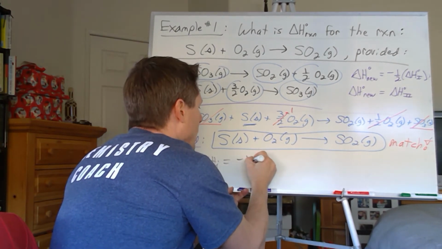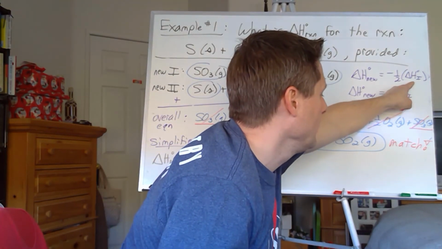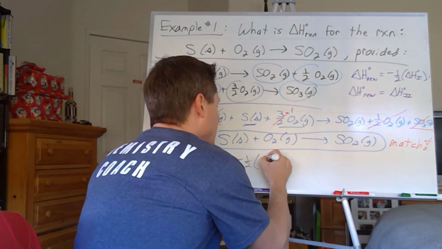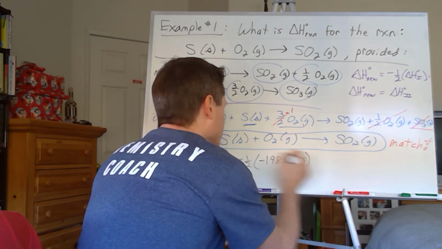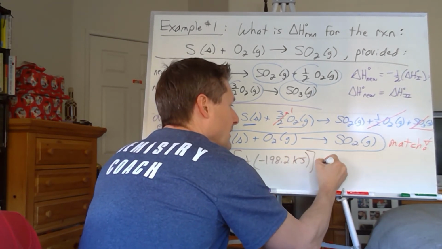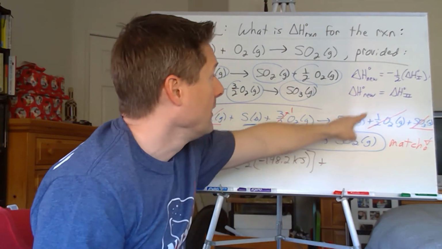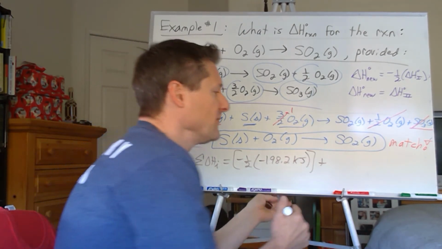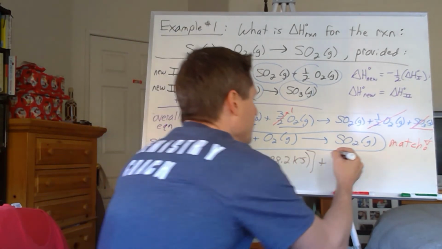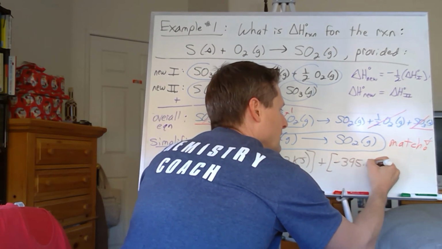Let's take -1/2 times delta H1. That was the -198.2, I think, right? And we're summing it. So let's do the second one, which we didn't change at all. So we could just take delta H2 there, which was -395.2 kilojoules.